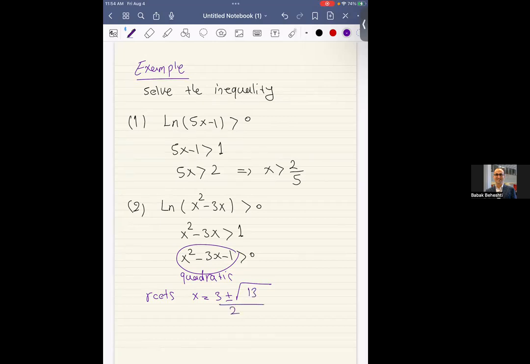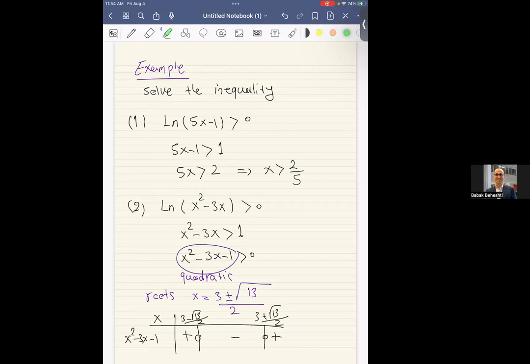You see that there are two roots. One is (3 minus the square root of 13) divided by 2. The other is (3 plus the square root of 13) divided by 2. So this guy is negative between the two roots, positive here.